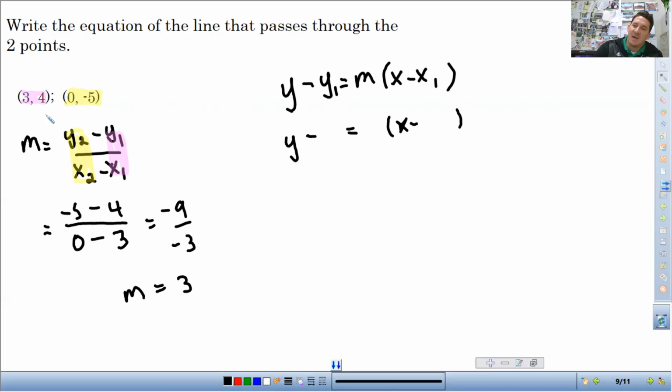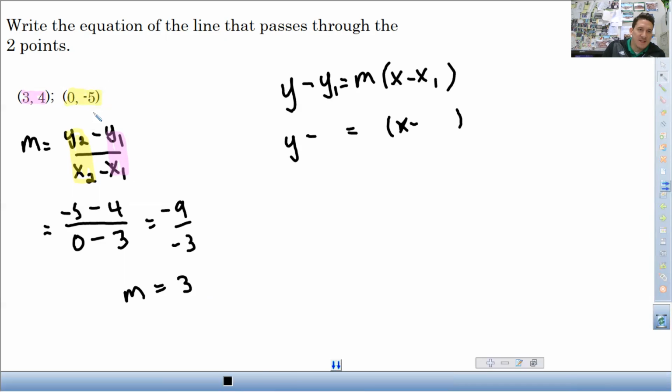If you think about it for a second, you might make it a little bit easier for yourself, create a little bit less work for you. So if you see this point with the 0, the -5 would end up being the y-intercept because it's 0, -5. You can just put in, it's going to end up being y equals 3x minus 5.